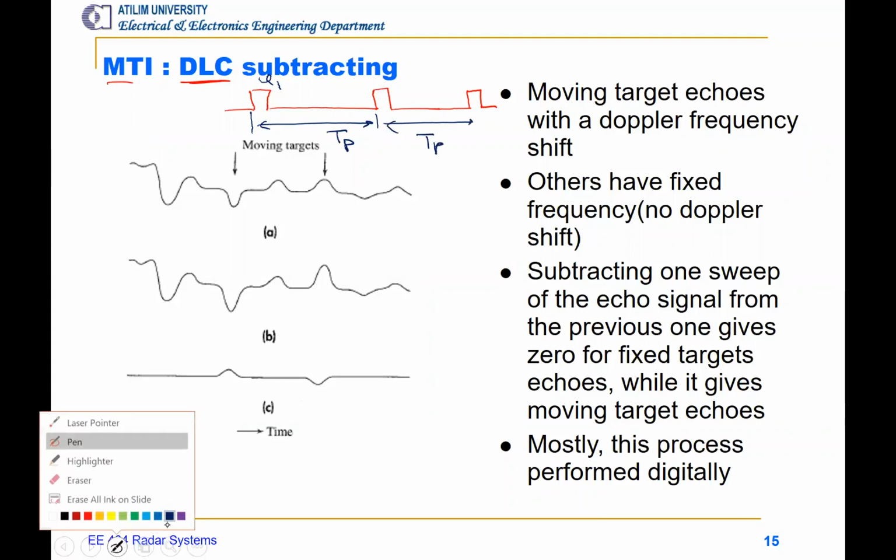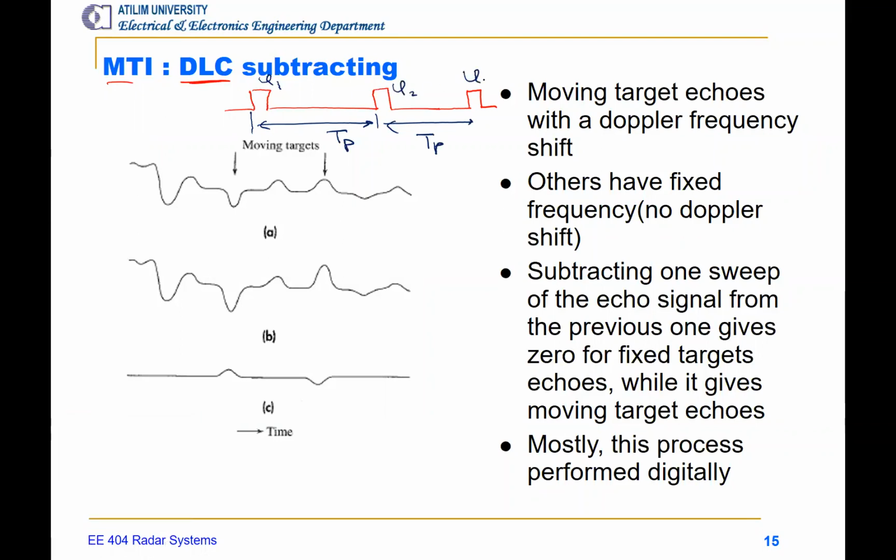So in the delay line canceller, we simply get the phase of the pulse, wait for the next pulse and look at the phase of the next pulse and then get the difference. Okay, if there is a stationary target, we expect that the phase does not change, right? If there is no change in phase, then there is no moving target.